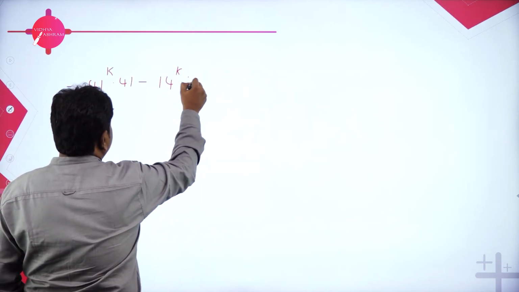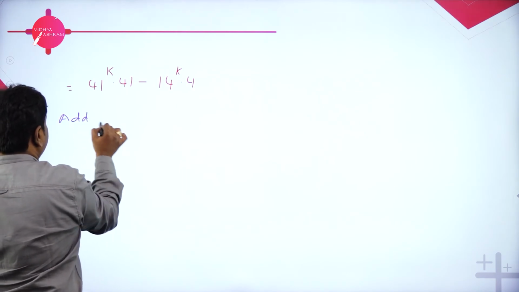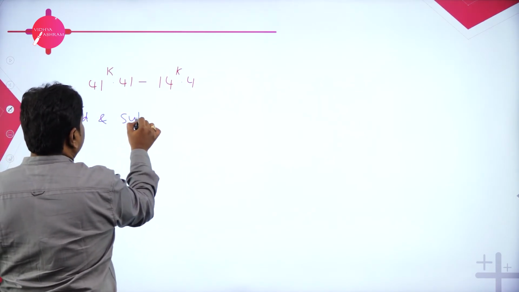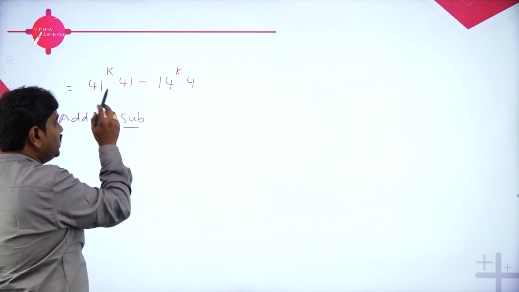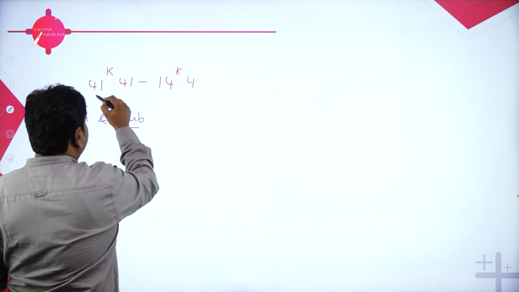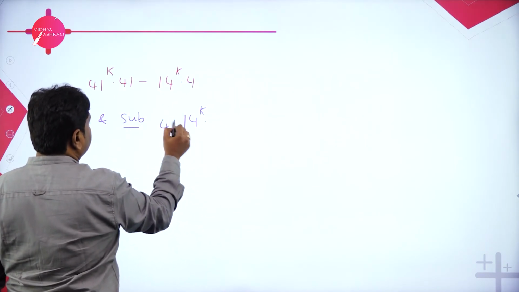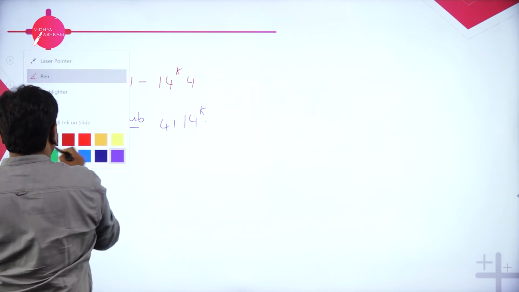So what I can say is add and subtract. The crucial part is add and subtract. Always I'll give the hint. The hint is simple: add and subtract the least number as it is. So out of 41 and 14, 14 is the least number, power k, and the product of 41, 41 times 14 power k, you add and subtract.